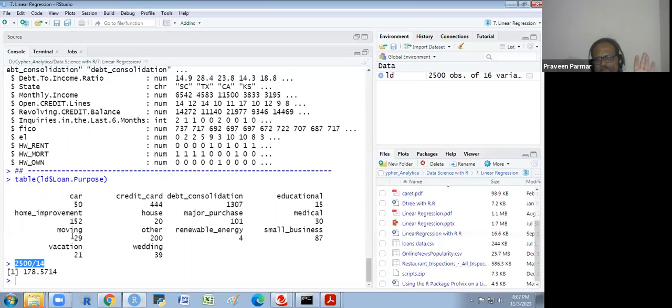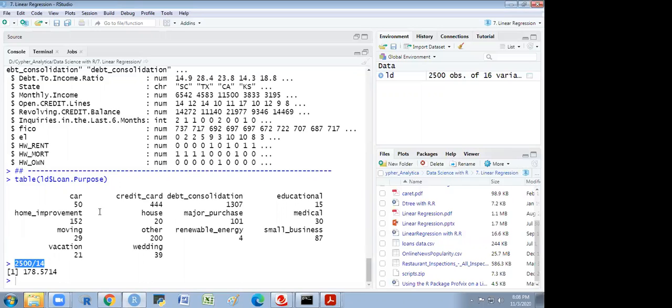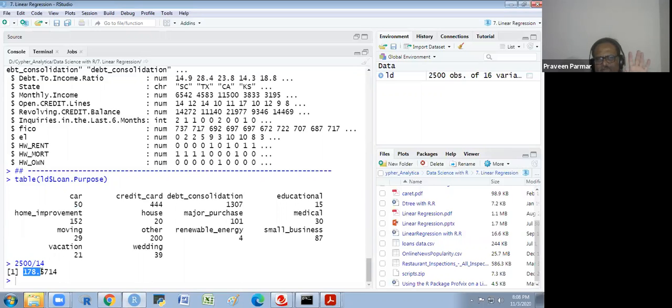We have 14 categories and 2,500 observations. I have divided 2,500 by 14, so each category should have near about 178 frequency. That is the mean of the frequency.